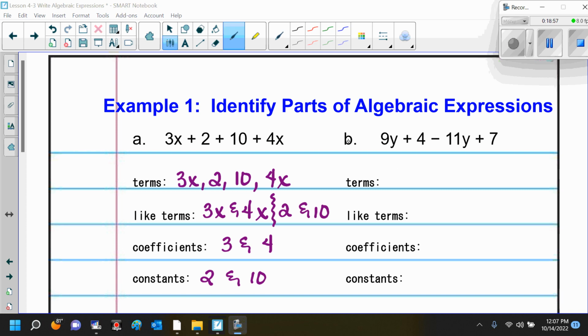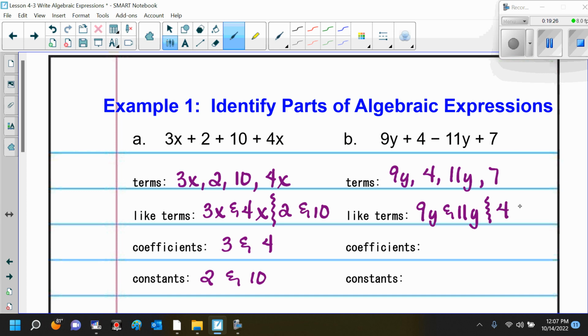Okay, so for example B, the terms are what? We've got 9y, 4, 11y, and 7. Very good. Our like terms are what? 9y and 11y.